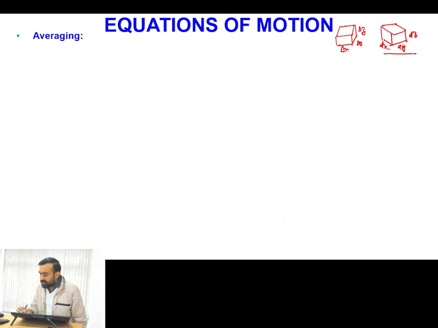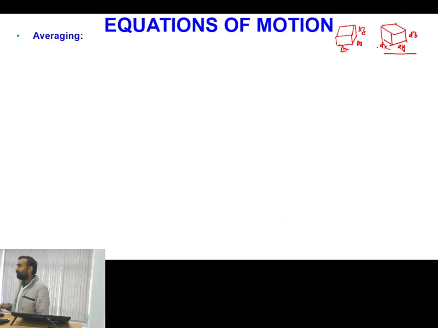Now, what is the limitation on the size of this infinitely small control volume? Do you know from your basic fluid mechanics? First point is very clear to us, that it should be of smaller size. Why? Because for this entire control volume we will be defining some density rho, some velocity v. So the properties within this control volume should not vary. That's why we have to take its size small.